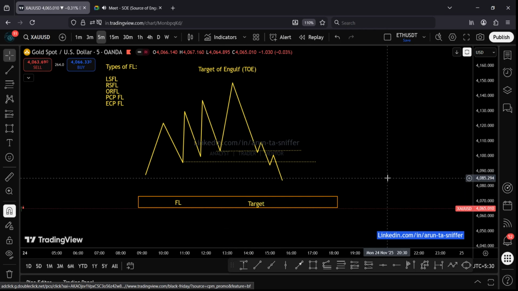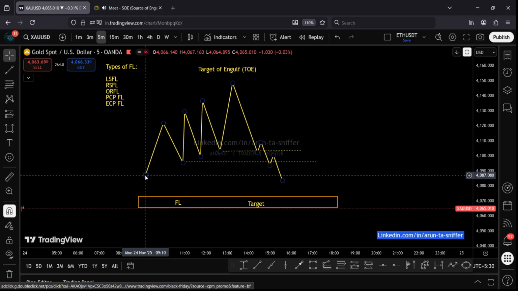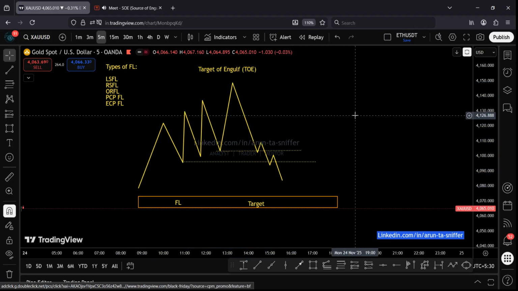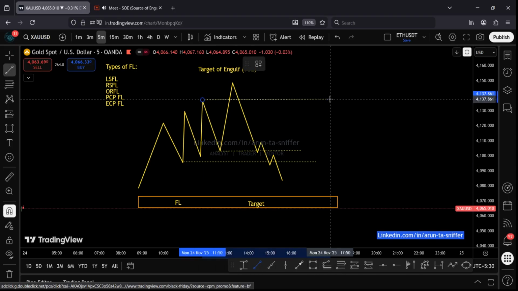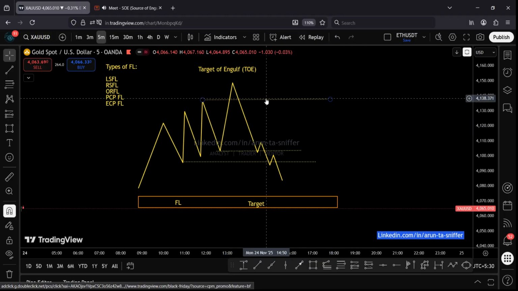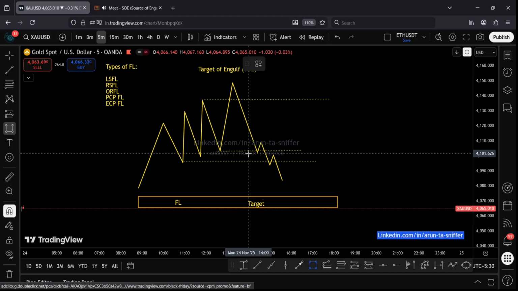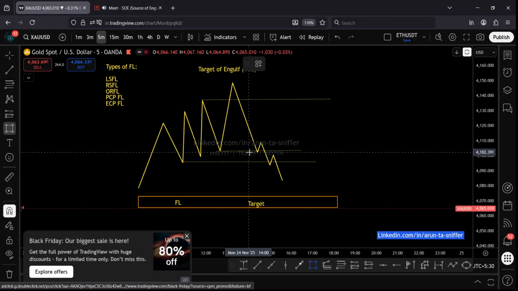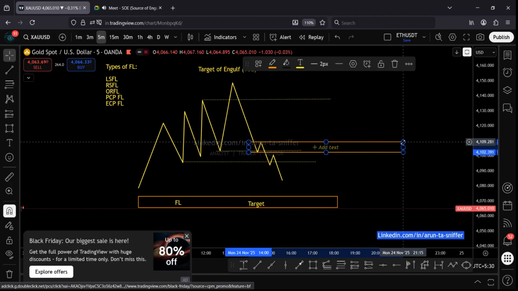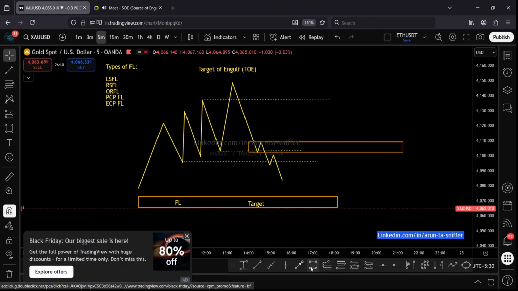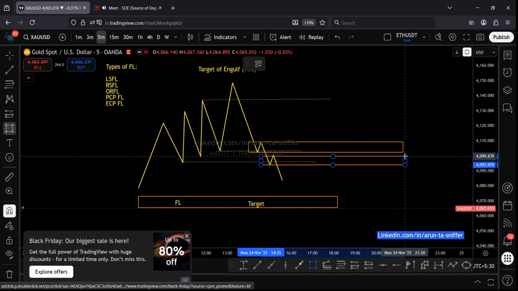And here we have our LS. We have a zone here and a zone here.